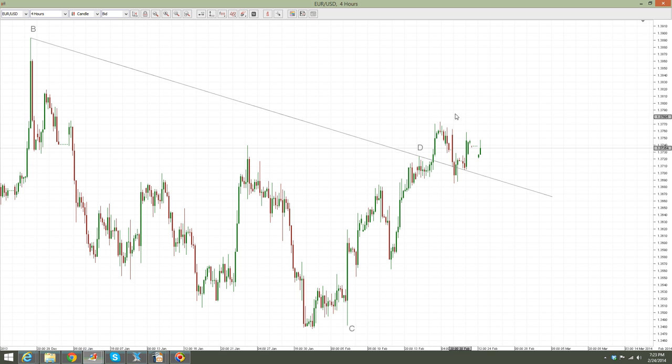It means that this contracting triangle actually does not exist, or if it exists, it is a triangle of a lower degree, and the actual end of the D wave to the upside is still this one here.